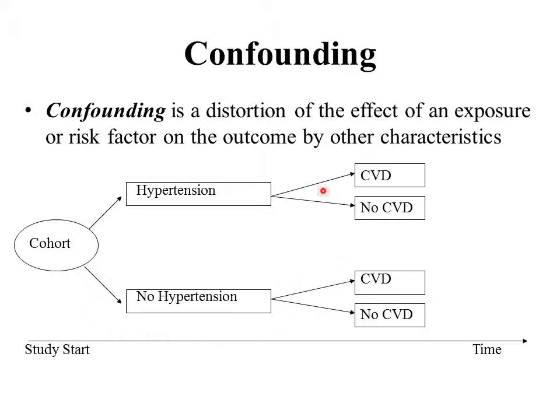But there's a lot of time that can occur over the length of this study, and there may be more than just hypertension that's affecting things. So maybe there's something else that happens in here that affects our outcome of cardiovascular disease or not. And that something else is what we'd call a confounder. And so we've got to try to account for that in our statistical analysis. And that's where things can get very complicated.